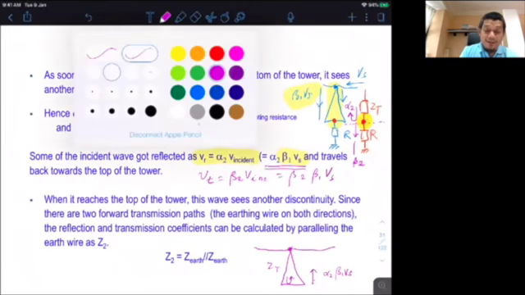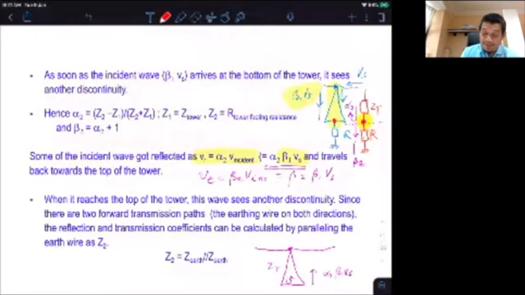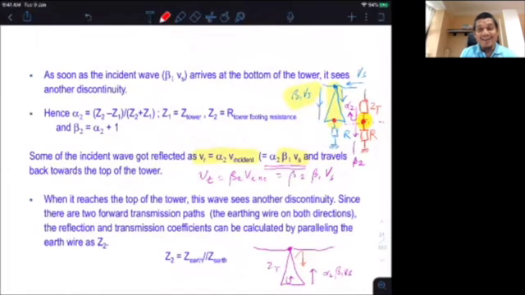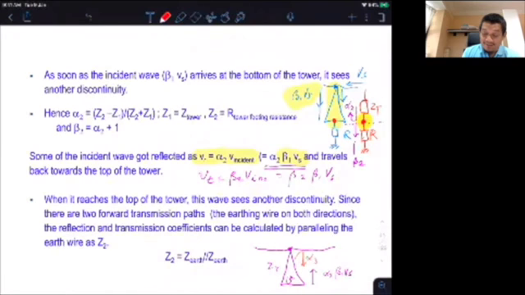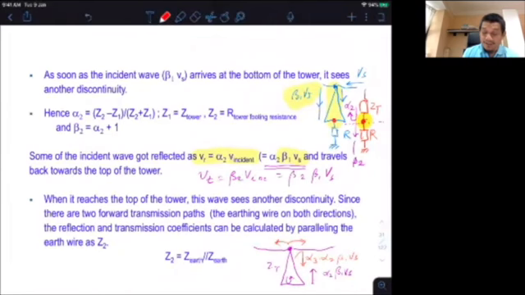At the top of the tower, when it arrives, it will get reflected again. And this one will have a coefficient alpha 3. So the voltage is alpha 3, alpha 2, beta 1, Vs. But some of the voltage will also got transmitted both ways lah, beta 3.